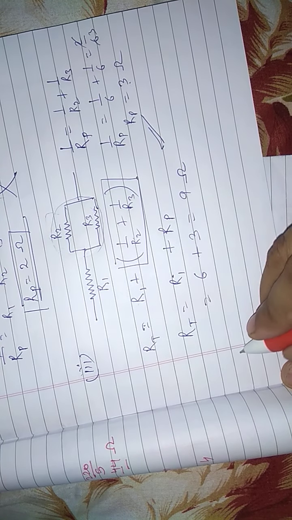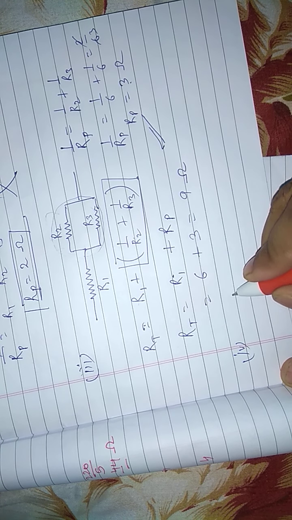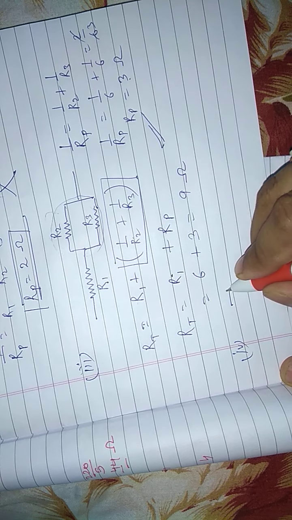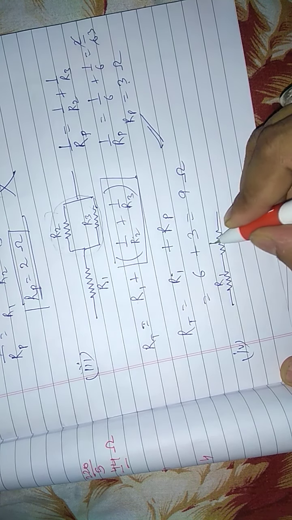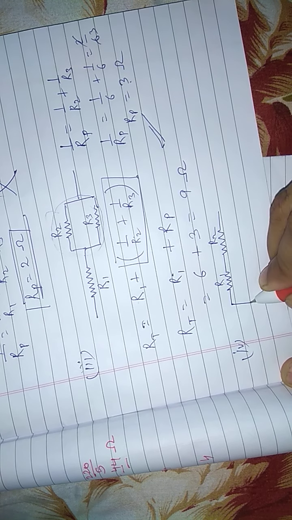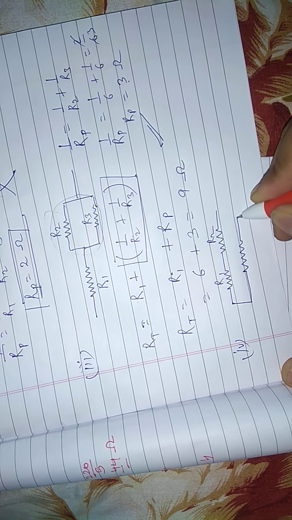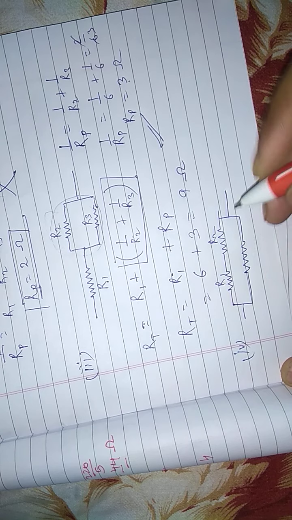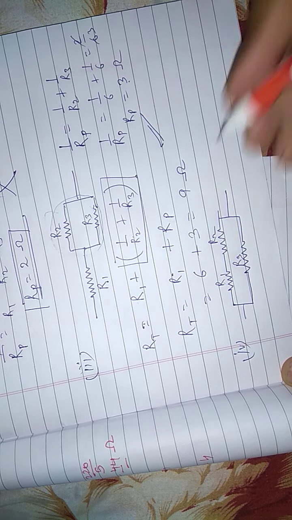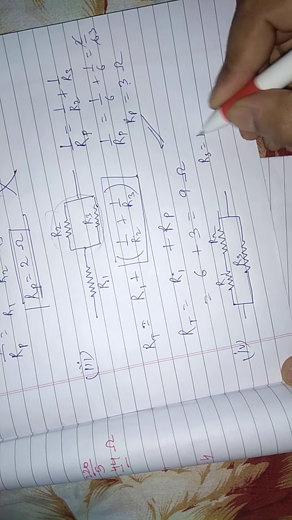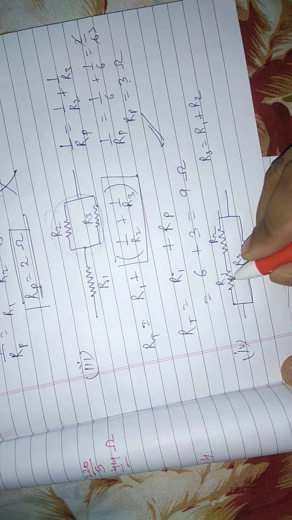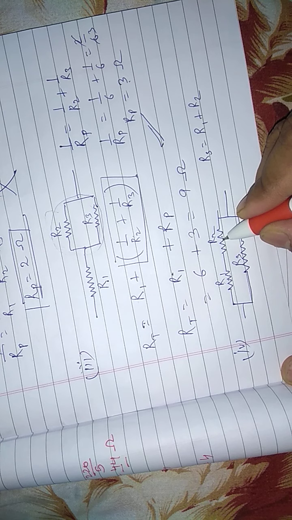And the other, the fourth combination, is 2 resistances in series, R1 and R2, and the third will be in parallel with these 2 resistances. So R series equals R1 plus R2, because these 2 resistances are in series.